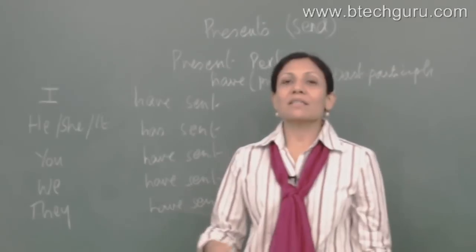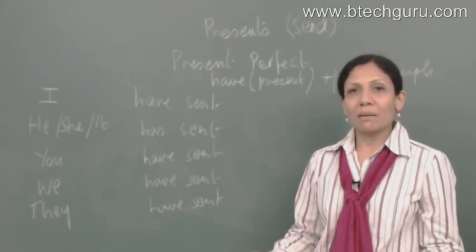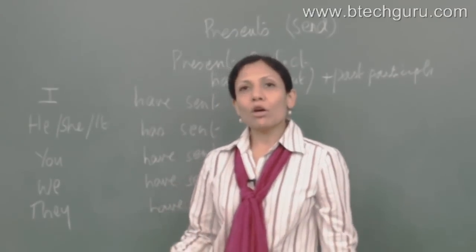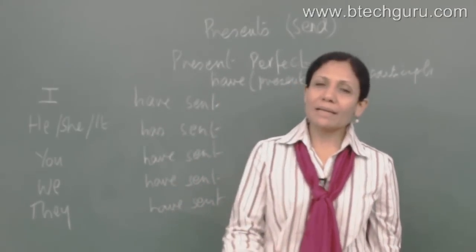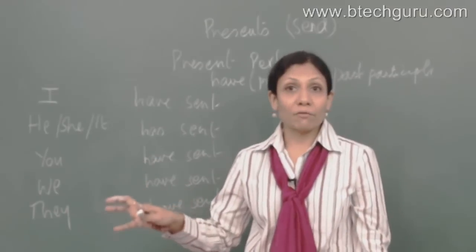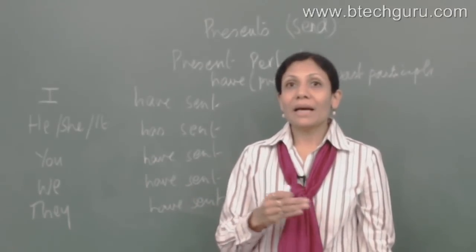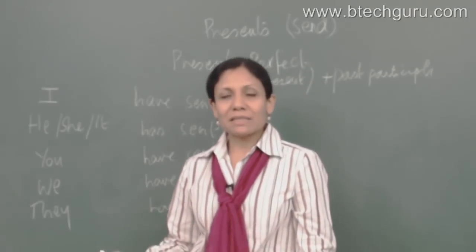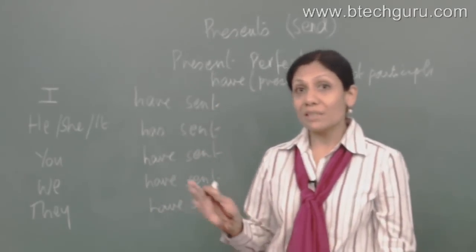And that 20 years, because I have used a time frame, timeline, I need to put the sentence into present perfect. So very often when you're making sentences and you know that there's a timeline, for example, I have waited for 10 minutes. Again, because 10 minutes is there, I can put the sentence into present perfect.